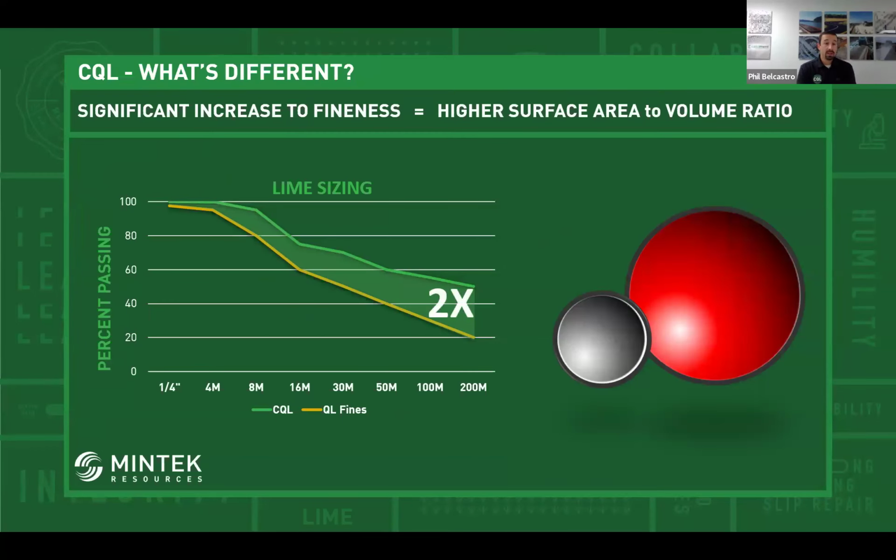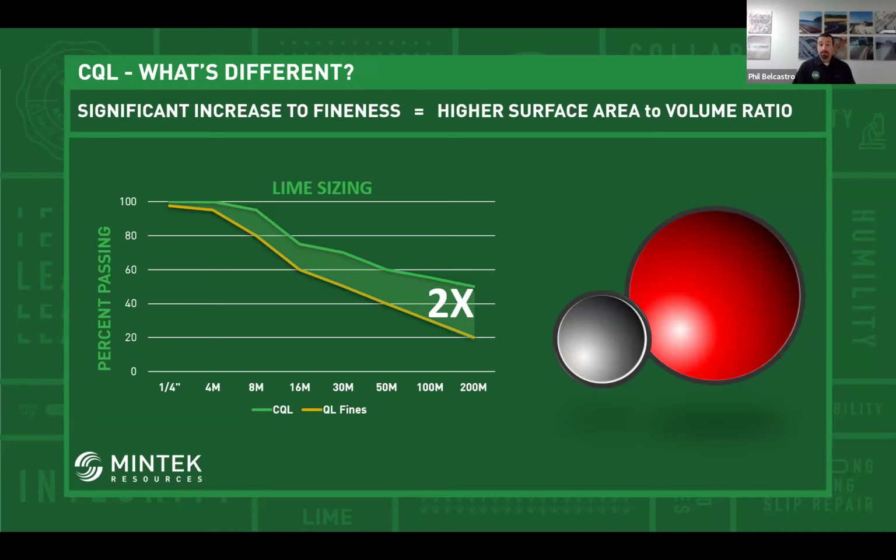All right, so what is different about CQL? Well, I'm actually here in the basement of the Innovation Center. I might take it down a notch for a moment. My engineers might be a little mad if I oversimplify this a little bit, but really it comes out of this, it's finer. That increased fineness has given us an increased surface area to volume ratio.